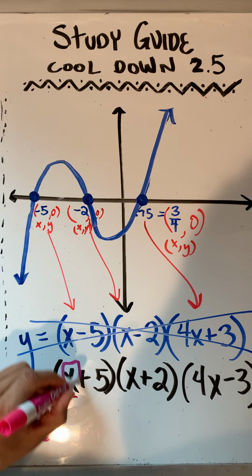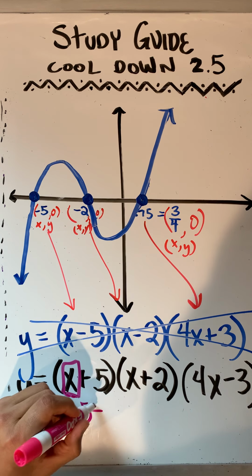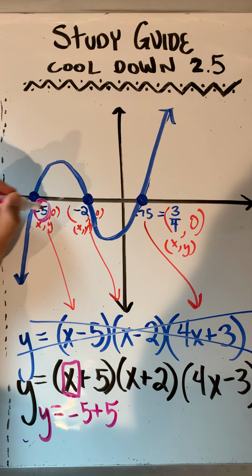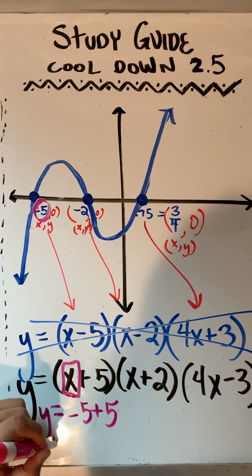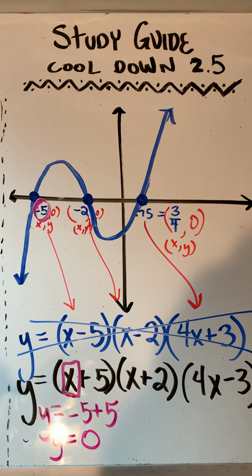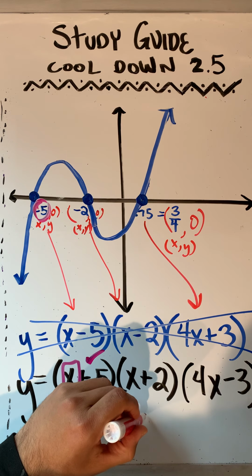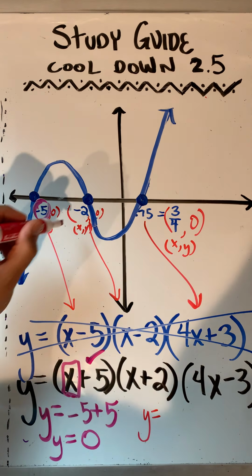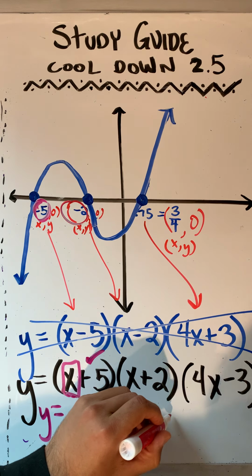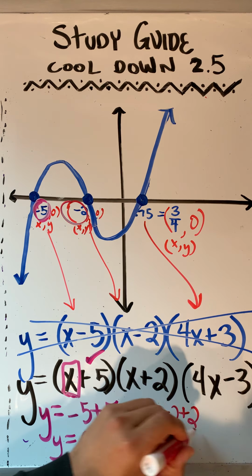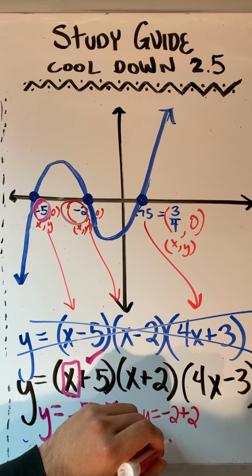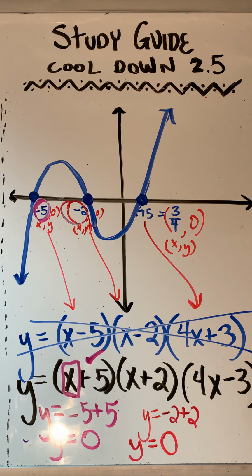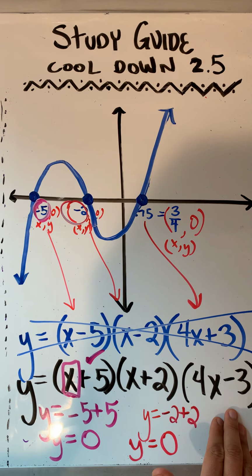I'm going to replace this x with -5 because that's what we have here. Boom. That one works. We're in good shape. All right, now let's try the next one. So -2 plus 2 gives me 0.